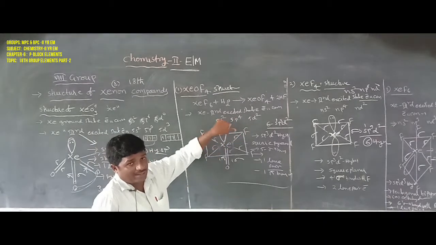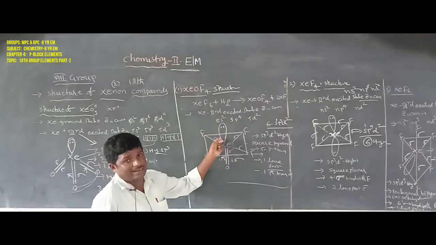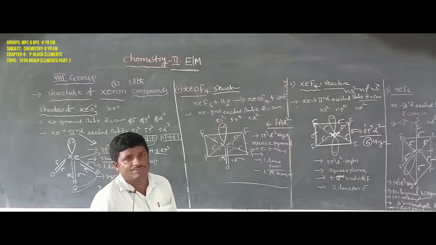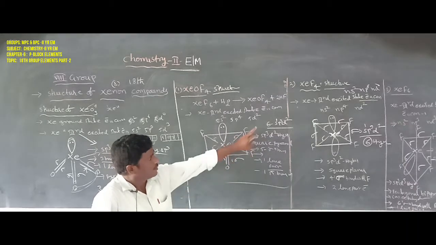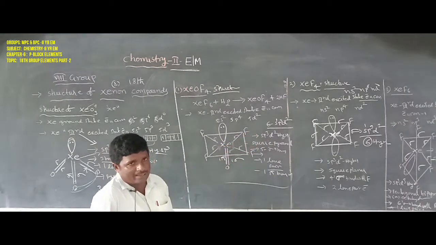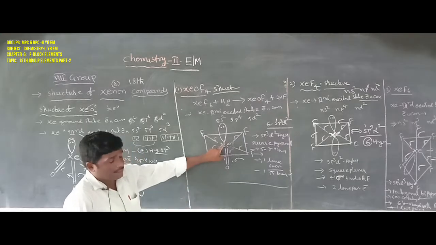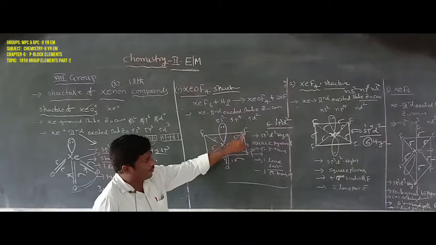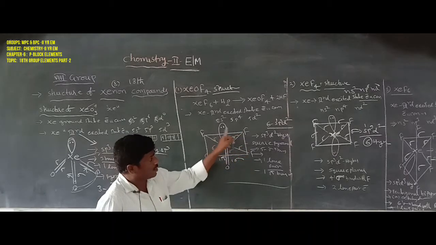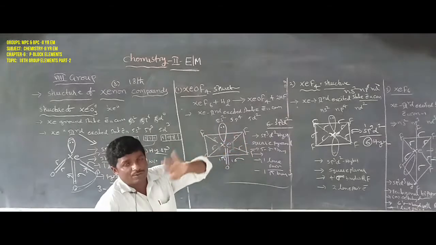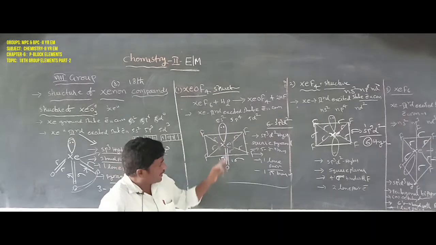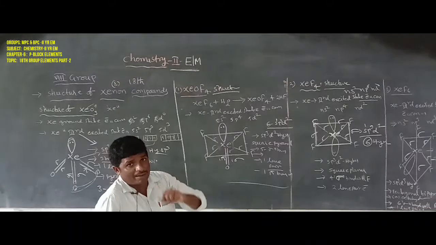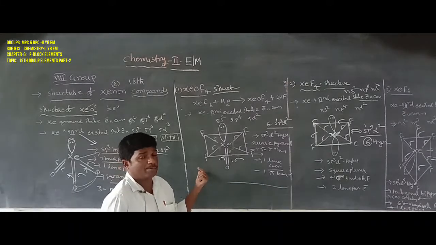In xenon oxytetrafluoride, the central xenon atom undergoes sp3d2 hybridization, forming 6 sp3d2 hybrid orbitals. The xenon bonds with the 4 fluorine atoms to form 4 sigma bonds. It also bonds with 1 oxygen atom, forming 1 sigma bond and 1 pi bond.